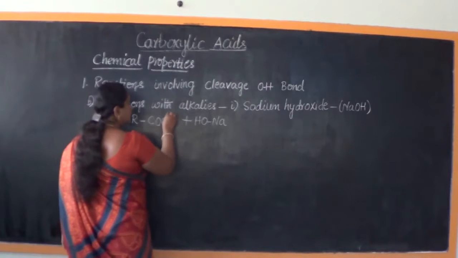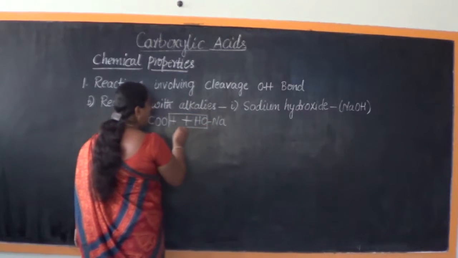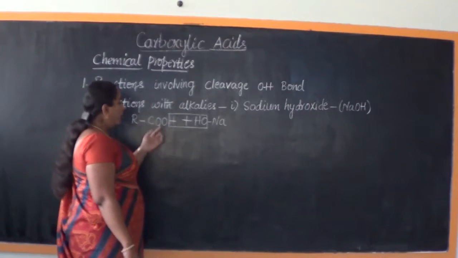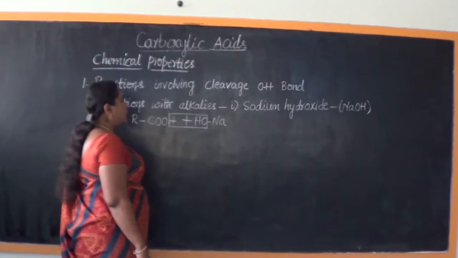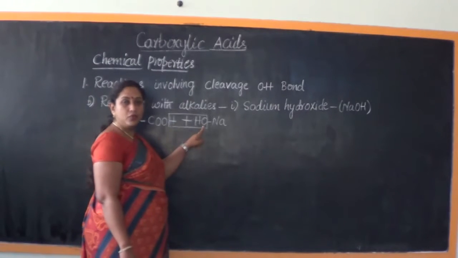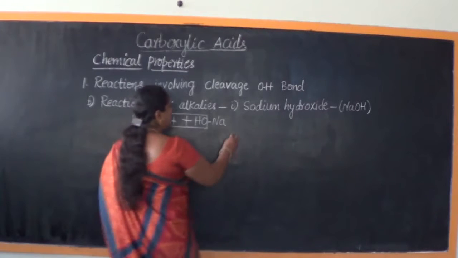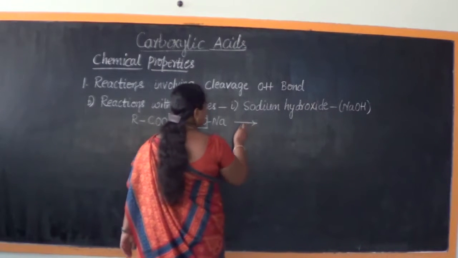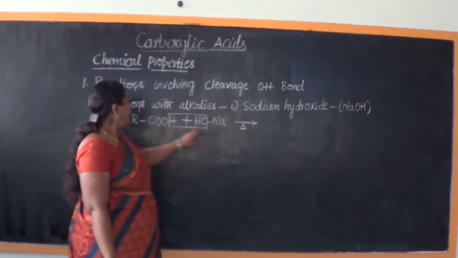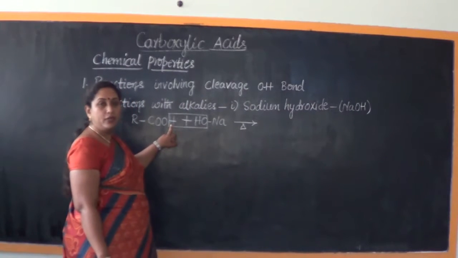Now what happens? There is a cleavage between oxygen and hydrogen, the O-H bond of the hydroxyl group of the carboxylic acid. Now this H combines with the OH of sodium hydroxide forming water. This happens of course upon heating, and Na will take the place of hydrogen.